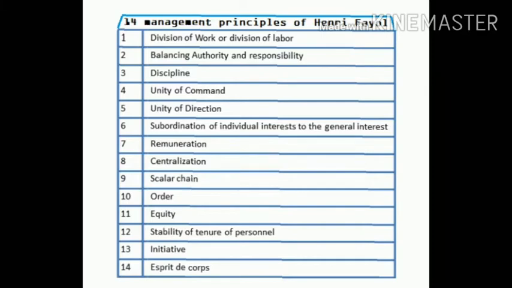Seventh, remuneration. Eighth, centralization. Ninth, scalar chain. Tenth, order. Eleventh, equity. Twelfth, stability of tenure of personnel. Thirteenth, initiative. And fourteenth, the last principle, is esprit de corps. Okay, we will discuss all these 14 principles one by one in detail.